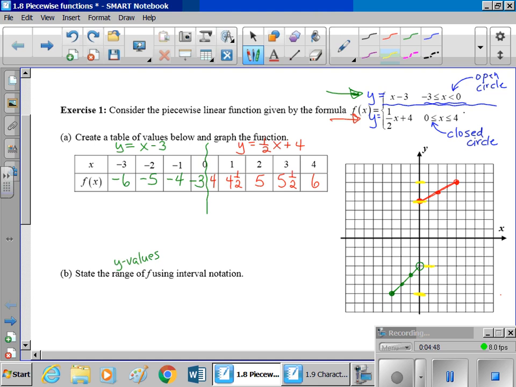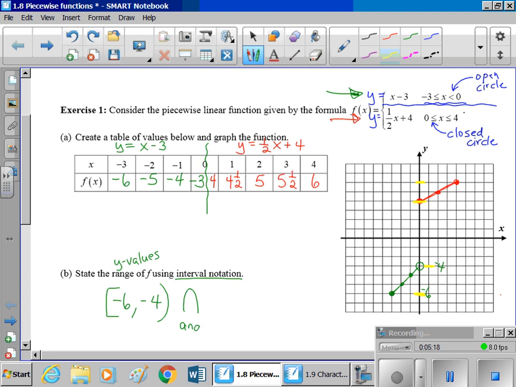So the first half goes from this point, which is negative 6, to negative 4. It includes negative 6, so I use a square bracket. Negative 6 to negative 4, but it does not include negative 4, so we're going to have a parenthesis there. Then we're going to use this sign that's intersection.